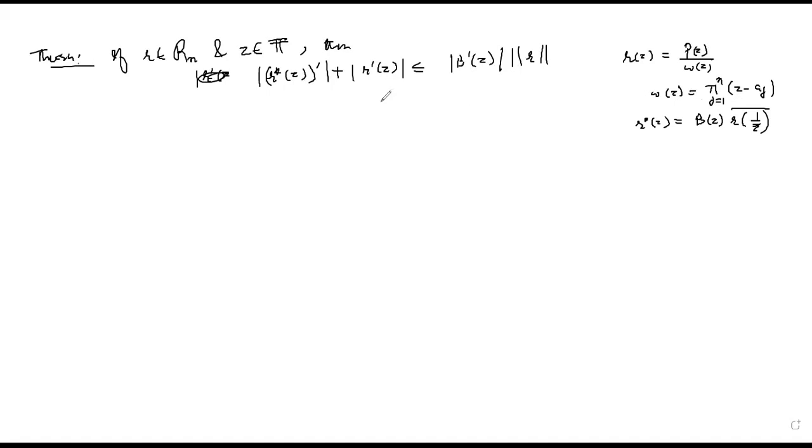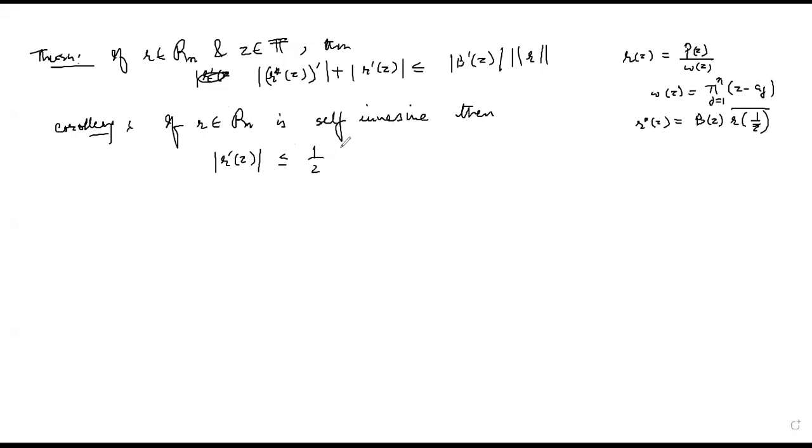Okay, now its corollary, which is straightforward, nothing special to do here. Corollary: if R in R_n is self-inversive, then |R'(z)| is less than or equal to 1 by 2 times |B'(z)| into norm of R. Now, you know, the norm of R is the supremum over |z| = 1 of the modulus of R(z).